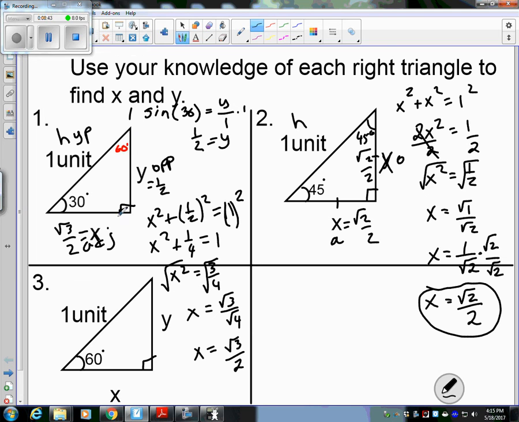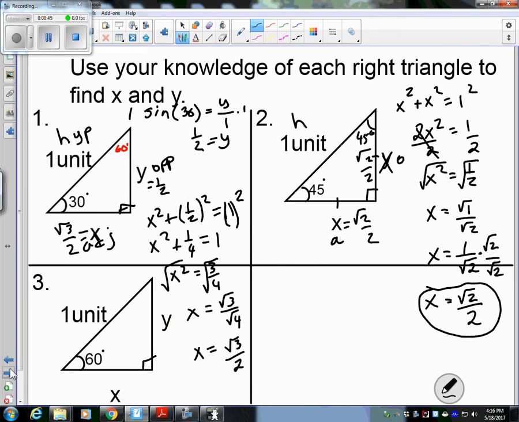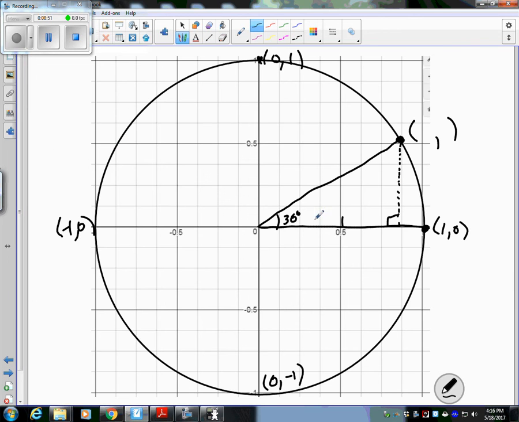Just because it's not on the coordinate plane doesn't mean that they're not the same thing. So both those triangles are the same. So we have the radius of the circle all the way around is 1. So you can figure this out with SOHCAHTOA or the Pythagorean theorem.